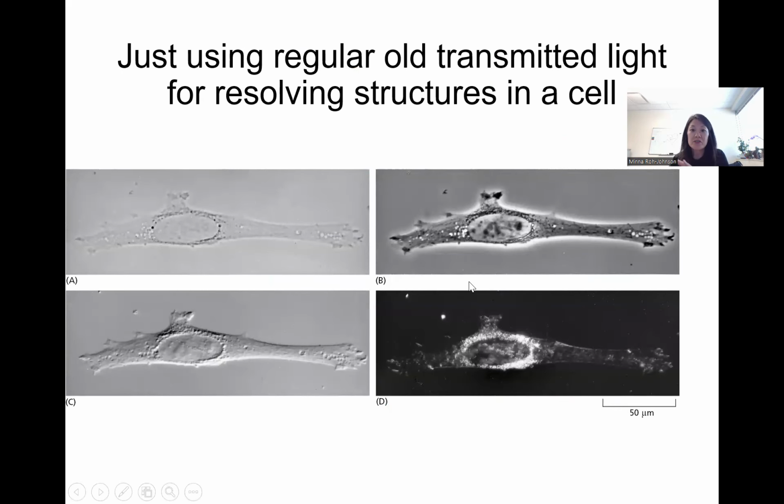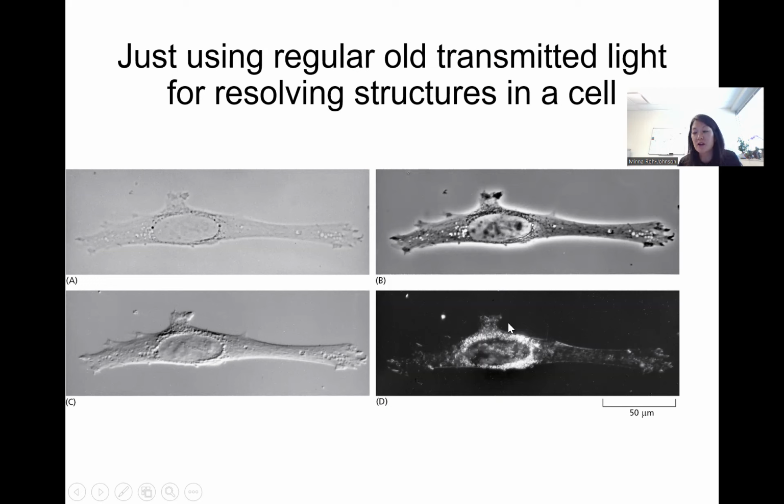So just by using regular old transmitted light and by bending the sources of light, you can actually detect quite a bit in a cell. So this scale bar is 50 microns across. Here's an individual cell. There's the nucleus. There's the outside of the cell. And because certain structures in a cell will either absorb light or scatter light, based on those changes in wavelengths of light or the phase of light, we can begin to resolve subcellular structures in the cell.